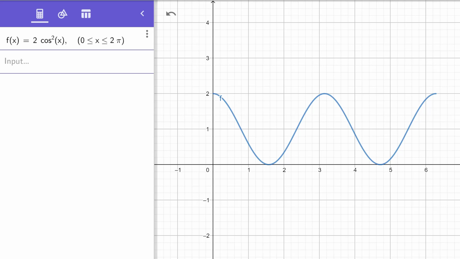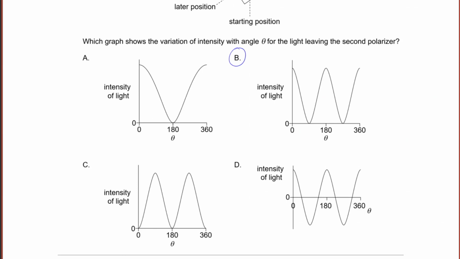Okay, and let x, which is the angle theta in our problem, the angle between the incident light and the polarization axis, vary from 0 to 2 pi. It looks like a W letter. It's like a wave with 2 periods, okay, 2 wavelengths. So our answer is B.